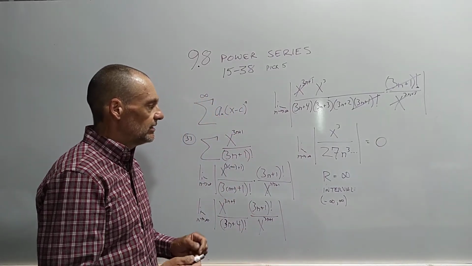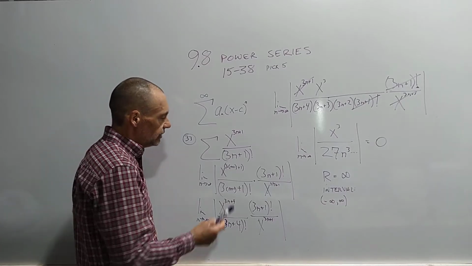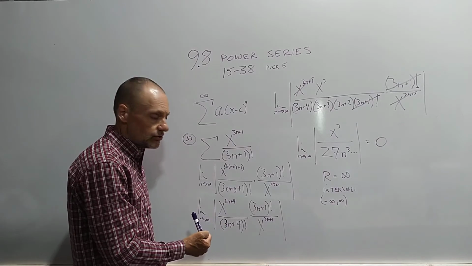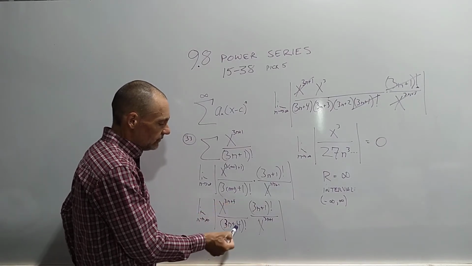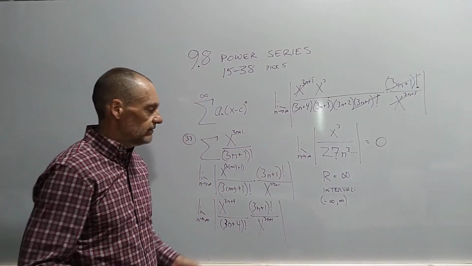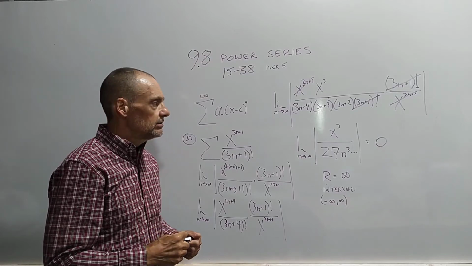So here's an example. It shows how to deal with these exponents so that we can cancel when we're using the ratio test. It also shows how to deal with these factorials so that we can cancel. And the whole purpose of using the ratio test is trying to get to where you can cancel some things.